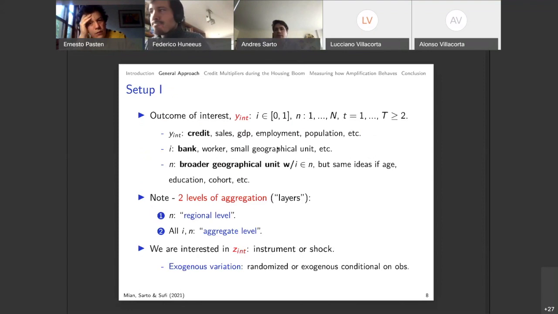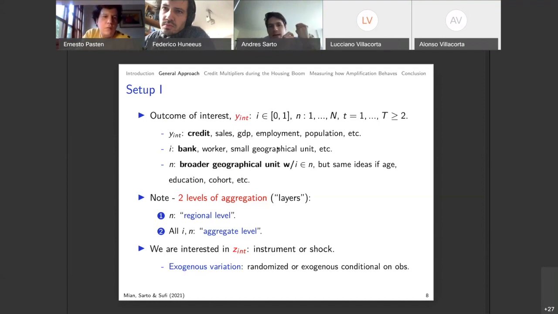Okay, so let me get into the setup. Again, as before, I'm going to try to have this as general as possible. So I'm going to work with Y, I, and N. In our case, Y is going to be our outcome, it's going to be growth. I is going to be a bank, and N is going to be a geographical unit where this bank belongs. But in general, Y could be sales, GDP, other variables.